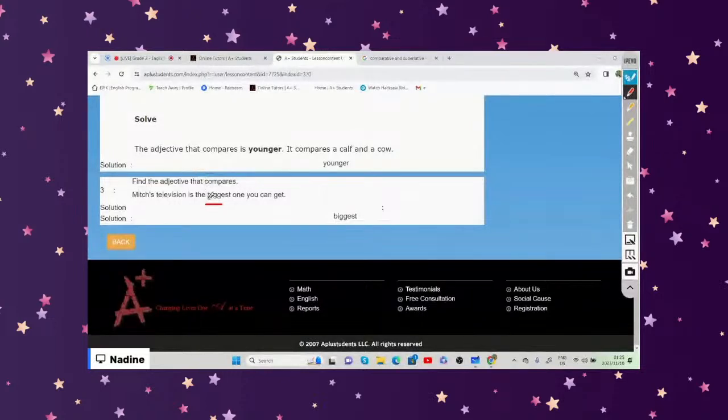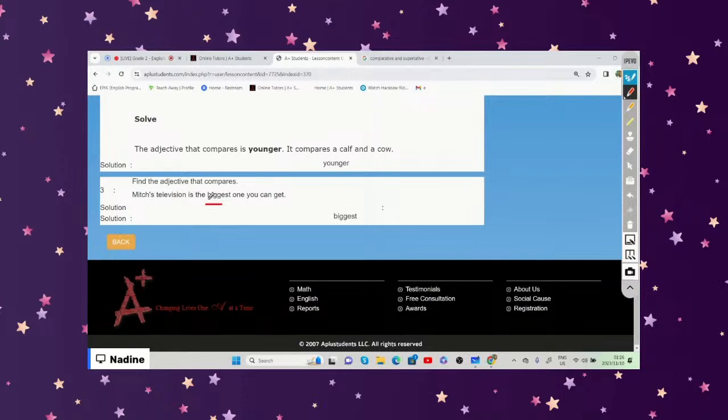So we have a comparative adjective and we have a superlative adjective. When we compare two people, places, animals, or things, our adjective ends in er, because we are comparing the two.